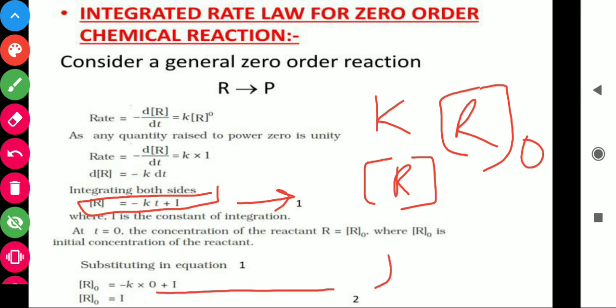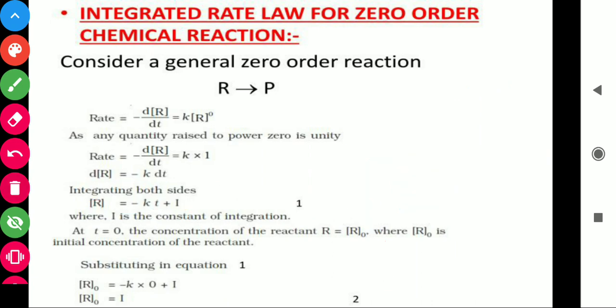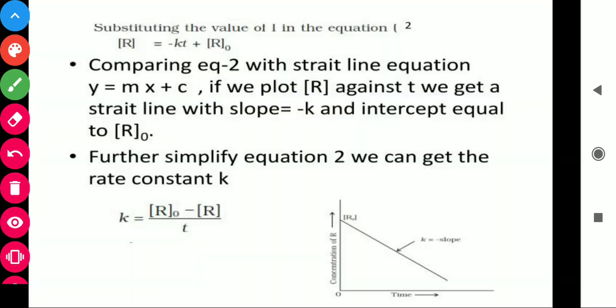Now for equation 2, we will keep the value of I in equation 1. Then it becomes R is equal to minus kt plus R naught.